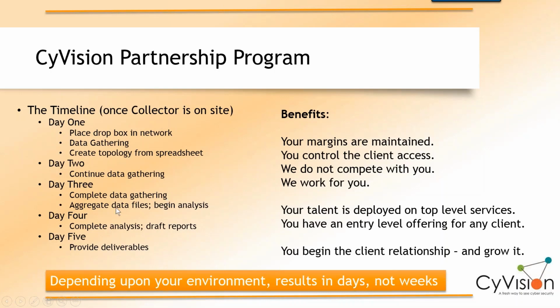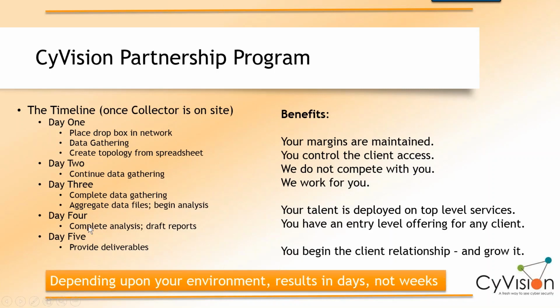Then what happens for a typical customer. Now, a typical customer is based on size. So day one, you either put the Dropbox or the collector in place, or we get a VPN connection and we start data gathering. Sometimes it's a one-day job, sometimes it's a 3-day or 4-day job. But the reality is the amount of time it takes us is a fraction of what it would take the traditional methods, okay?